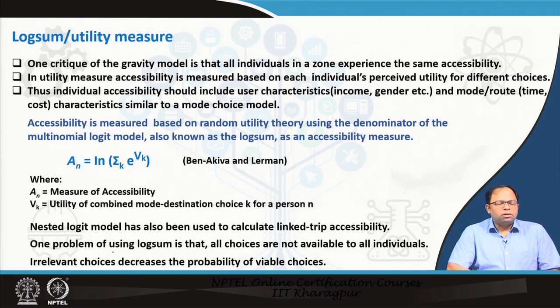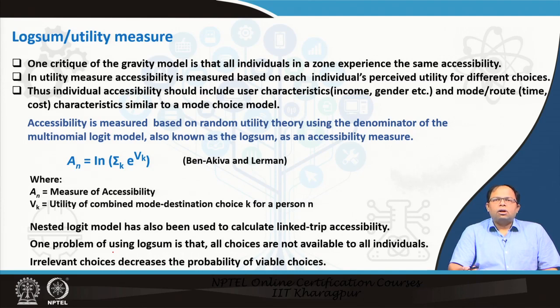So in addition to the gravity model, we also have something called the log sum or utility measure. This was developed because one major critique of the gravity model is that all individuals in a zone, even though we categorize them into employment categories or income categories, more or less that group of individuals in a zone experience the same accessibility.